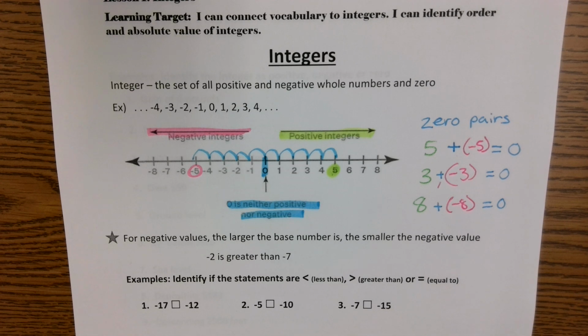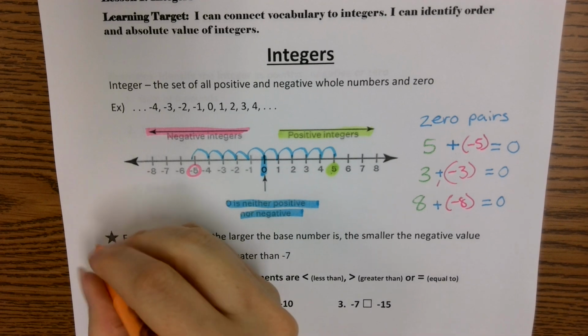Okay. Now, when we are identifying how to order or how to compare numbers, we know how to compare two positive numbers. I know that 5 is smaller or lesser than 20. I also know how to compare a negative number to a positive number. I know negative numbers are smaller than positive numbers.